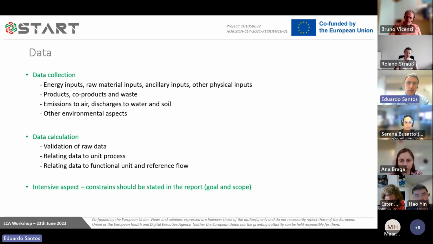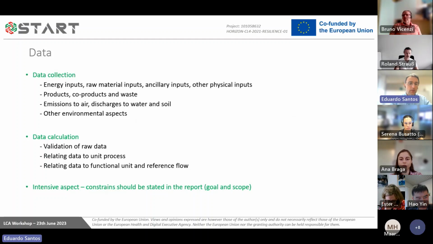So data collection and data calculation are very important aspects. We have to include energy, raw materials, ancillary inputs, other physical inputs. Also, any products, co-products or waste that is generated, all the emissions to air, water, soil, and any other environmental aspects that can be made relevant.